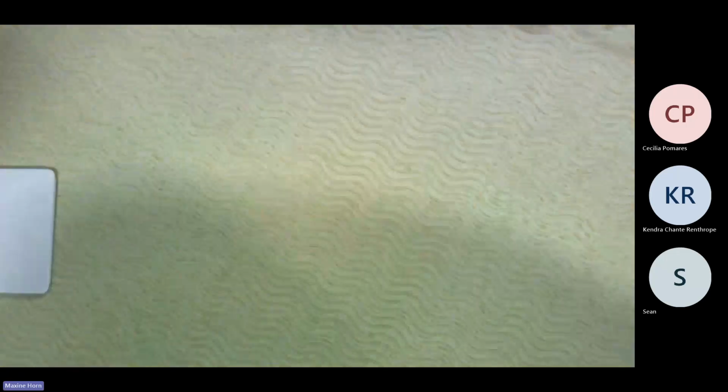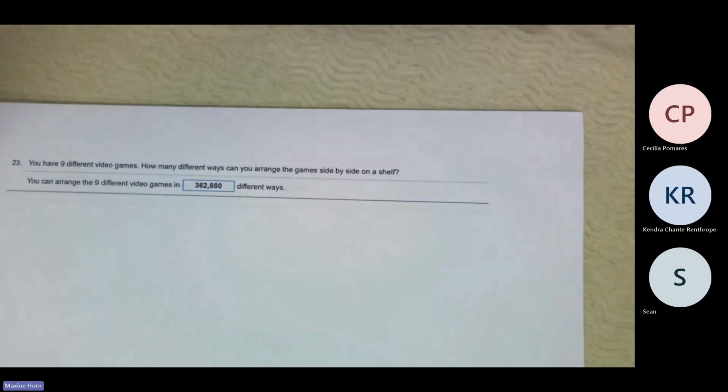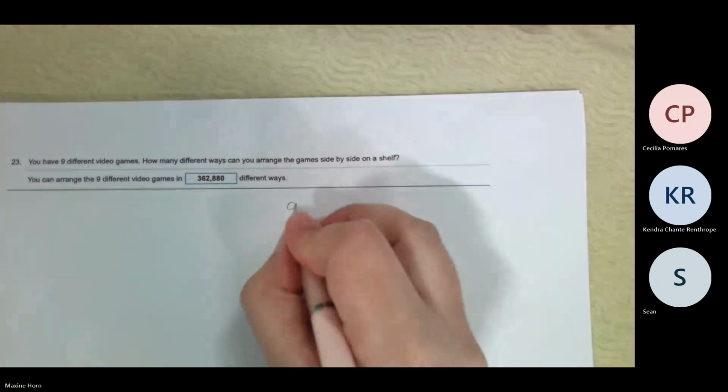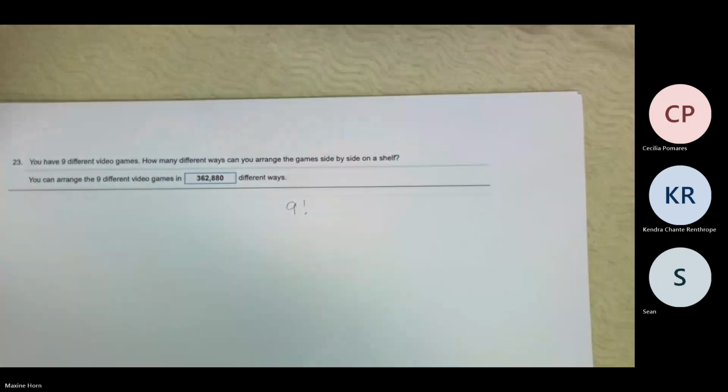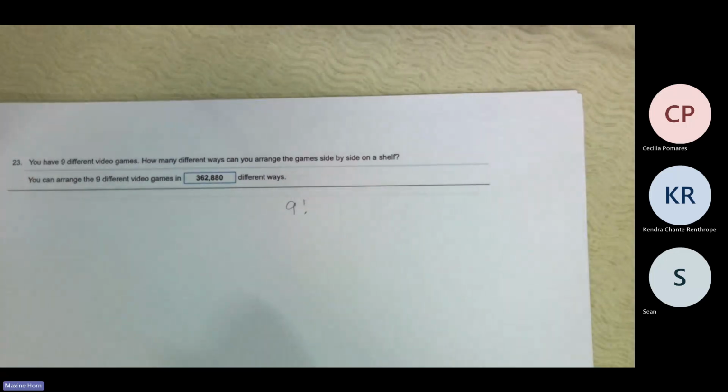Number 23, you have 9 different video games. How many different ways can you arrange the games side by side on a shelf? Okay, the fastest way to do this is just going to be 9 factorial. Right, so remember that the exclamation mark means factorial.